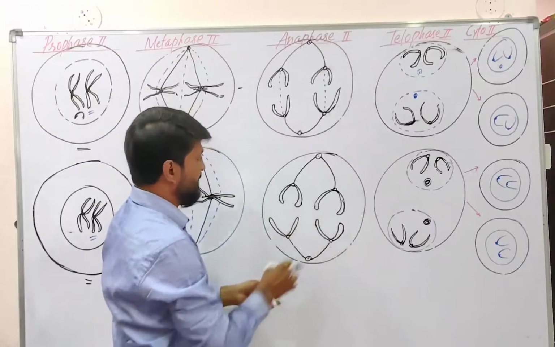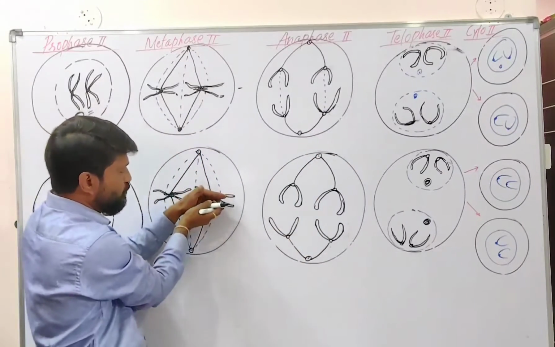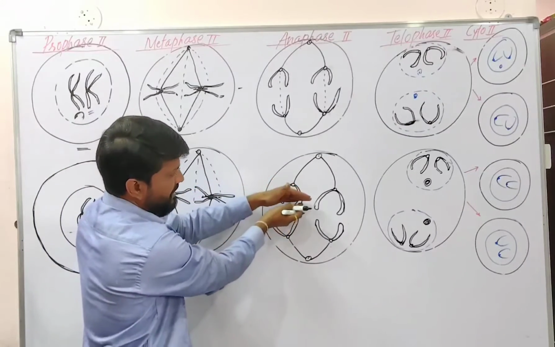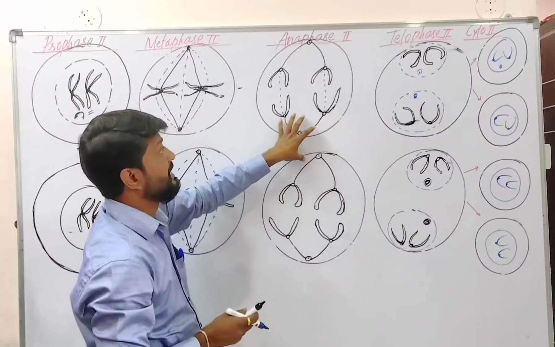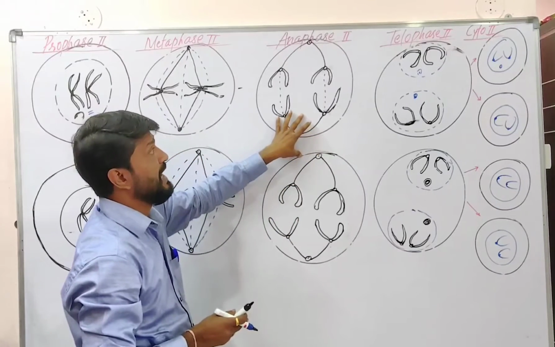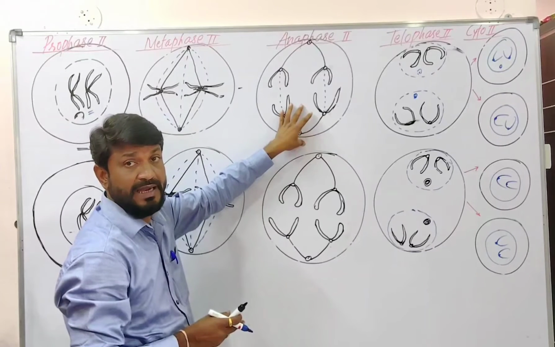Okay. So in this way the chromosome will be divided into two chromatids and will move toward opposite poles. So anaphase 2 will be very similar to anaphase of mitosis.